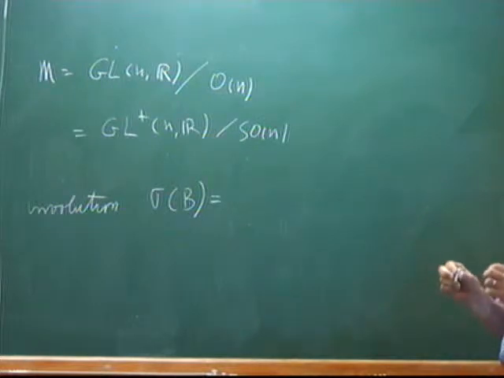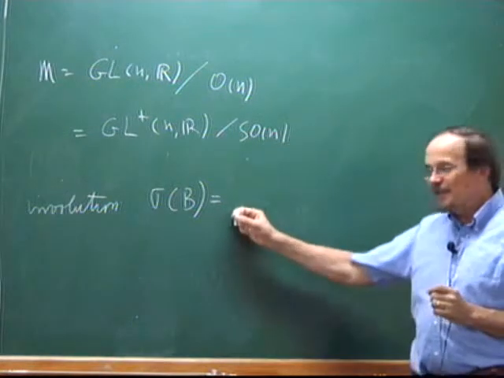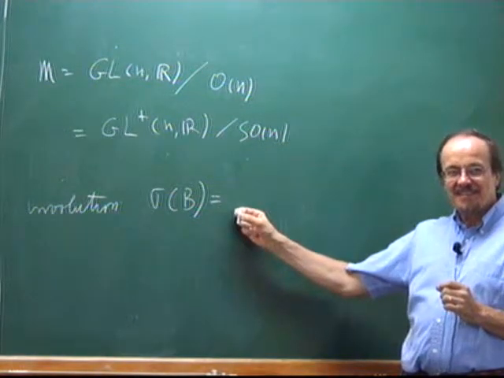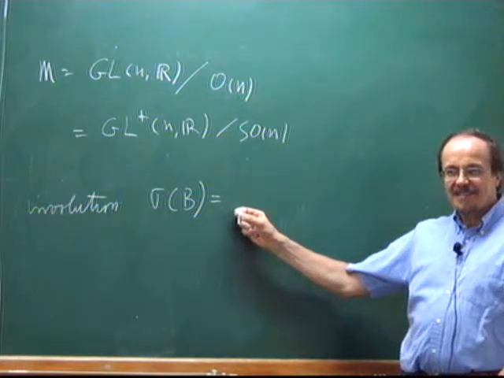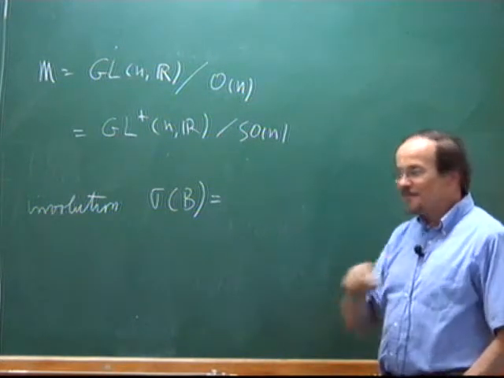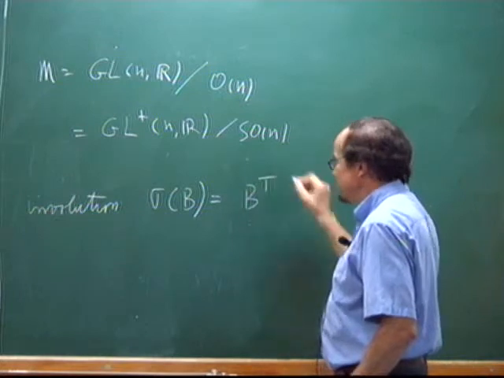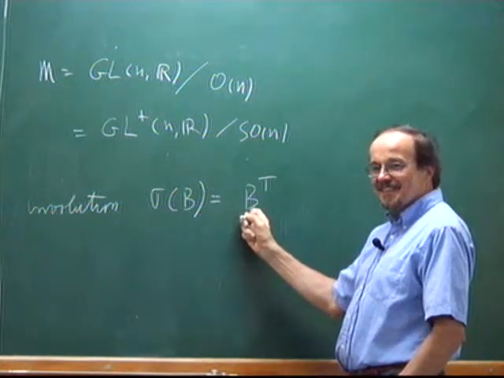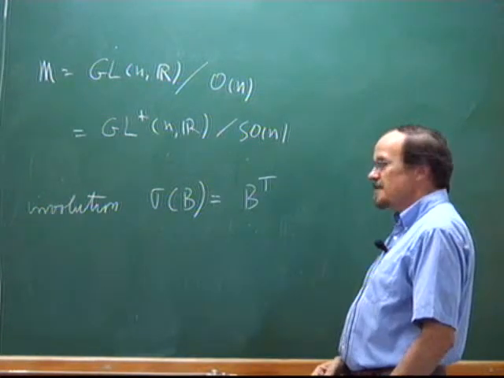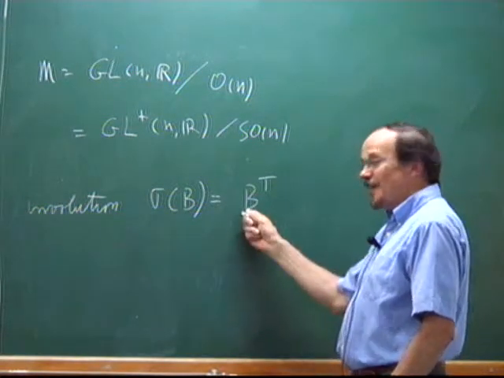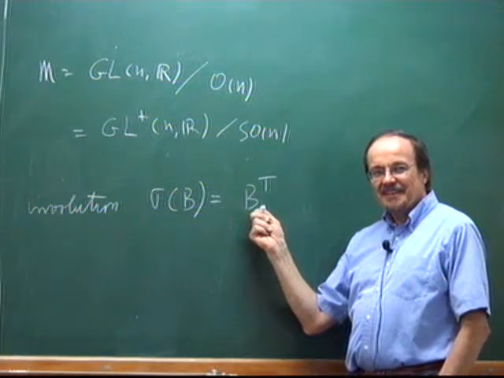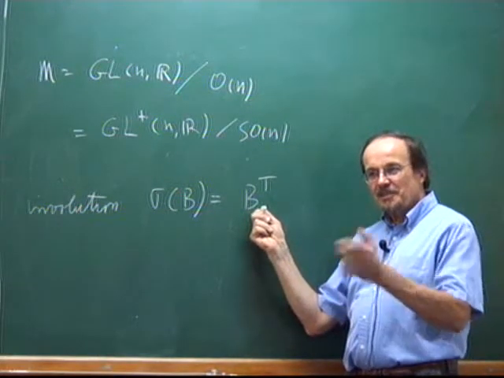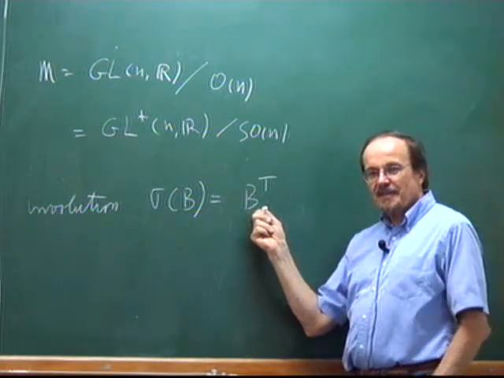So I want the things that are fixed by it to be the defining equation of an orthogonal matrix. So that tells me what this should be. B transpose. Almost. Now it's symmetric, a fixed point set of symmetric matrices. And it's not an automorphism. Right? Taking a matrix to its transpose reverses the order, so it's not an automorphism.